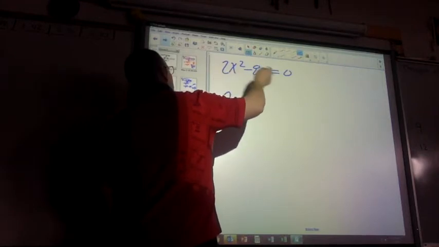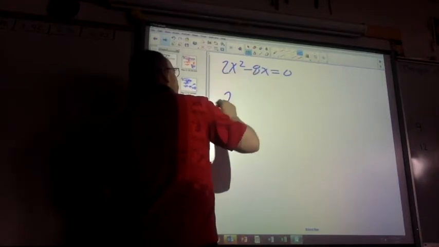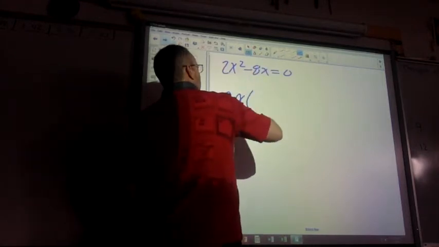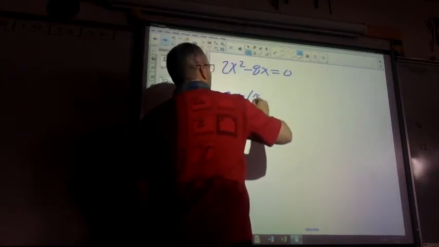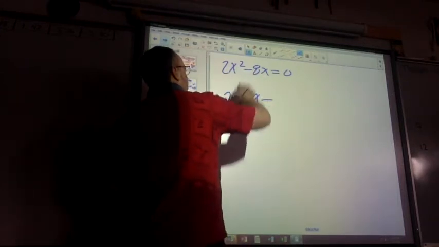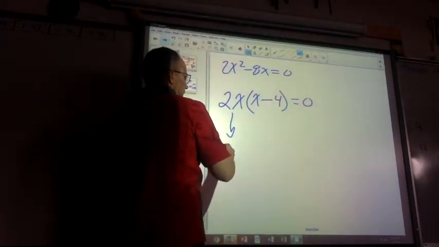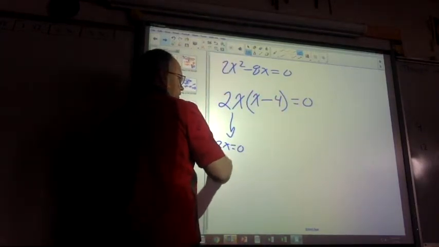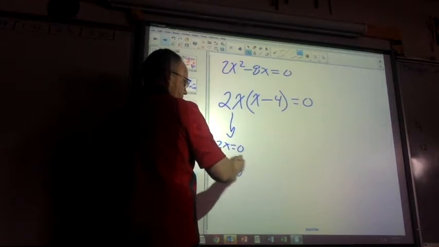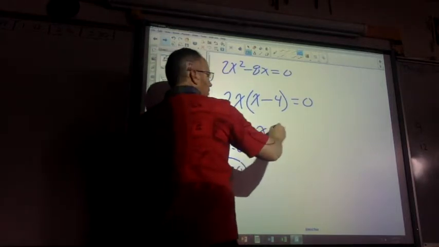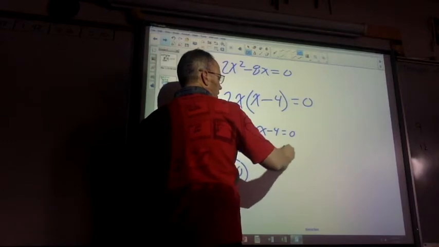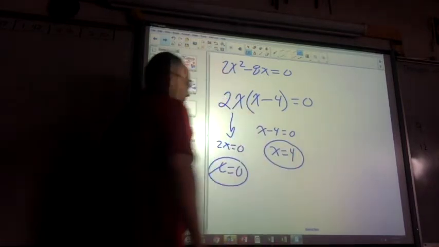What's the maximum number of x's I can take out of both of them? A single one. So I factor 2x out of 2x squared, I'm left with x. The minus comes along. If I factor 2x out of 8x, I'm left with 4. So this is going to give me 2x equals 0, which is x equals 0. And this is going to give me x minus 4 equals 0, which is x equals 4. There's my two answers.